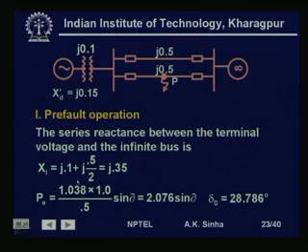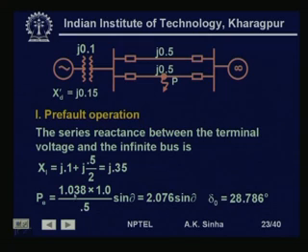If we calculate that, it comes out to be 1.038, and if we use this relationship, then P is equal to 1.038 into 1.0, and the total reactance that we will get here will be this 0.15 plus j0.1 with this 2 in parallel.